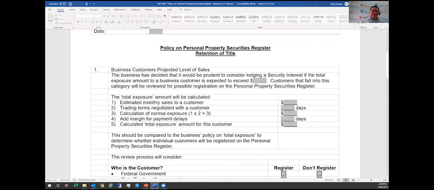I think it's fairly important to try to determine at what potential loss the client will register. So this form, hopefully contained within 1650, will assist you to have a conversation with your client to determine what the potential exposure could be from a particular customer.